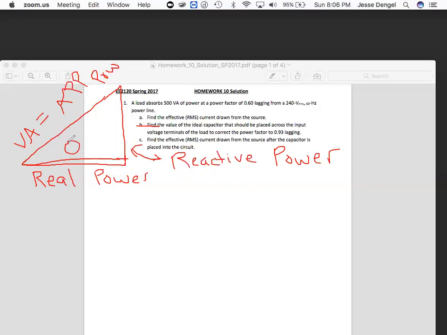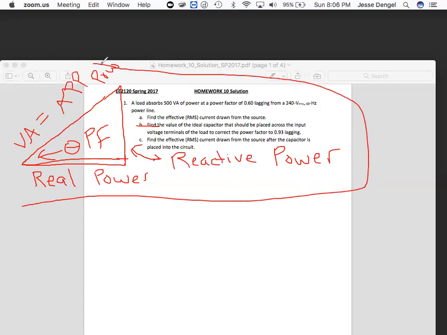And then this right here, theta, is our power factor angle. Okay, so this is important to remember when working with these problems.